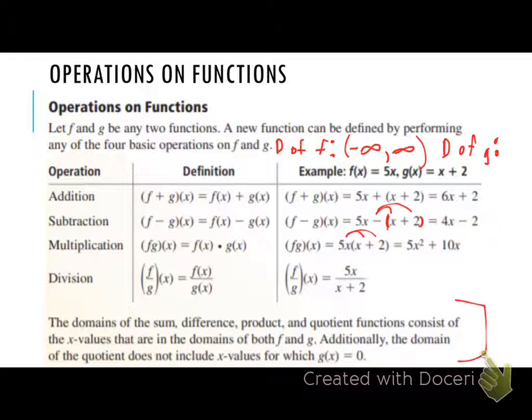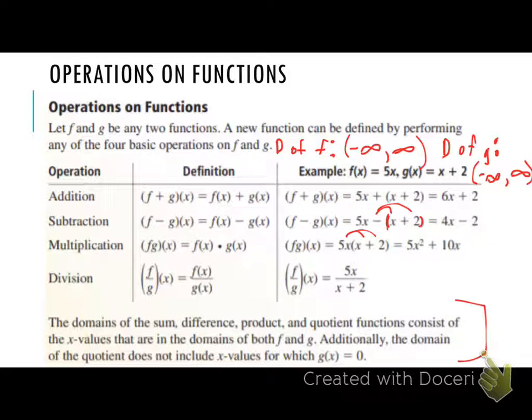Does it have a squared term? No, so it's not quadratic. Does it have a cubed term? So it's not cubic. Does it have a square root? So it's not a square root function. Linear. Once again, this is a straight line. So what's the domain of this one? Same thing. Negative infinity to positive infinity.